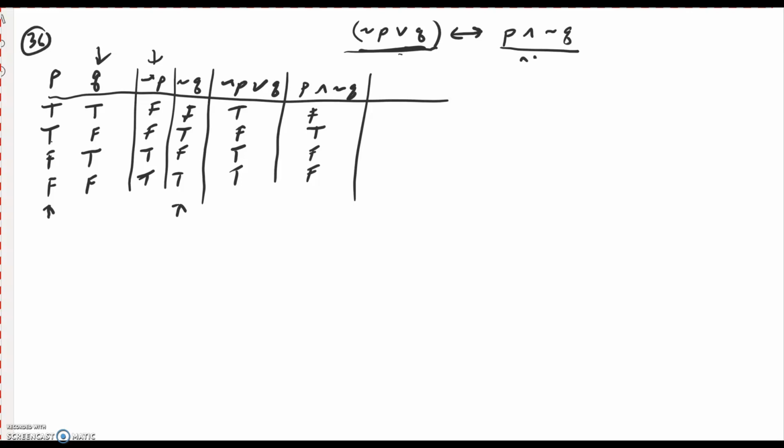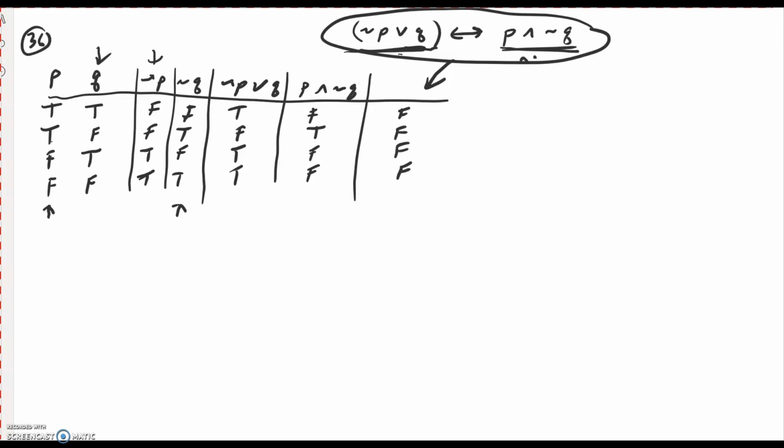And the only way that this final statement, and instead of writing it down again, I'm just going to circle and put it here, the only way this thing can be true is if both of these individual pieces are true or both of them are false. In other words, if they match each other. But you can see they don't match each other anywhere. So these are false, false, false, false.